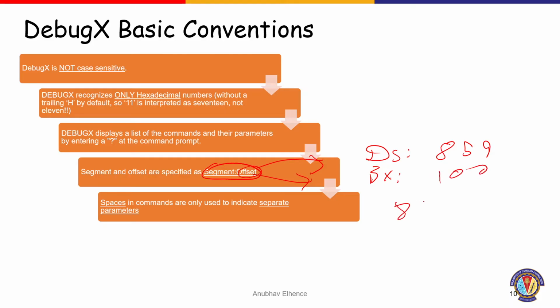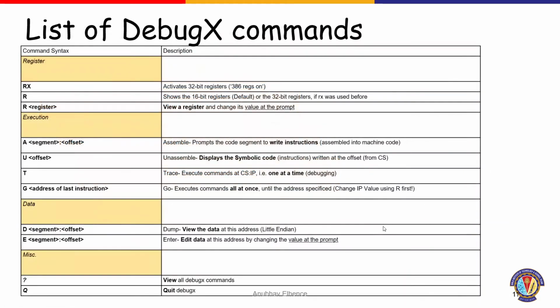So the 8590 is the segment, and at the 100th offset from that point, after multiplying it by 10, would be the exact memory location in the whole space. All right, so for this I would recommend that you revisit your lecture class.